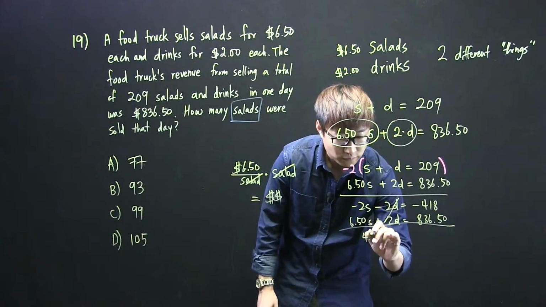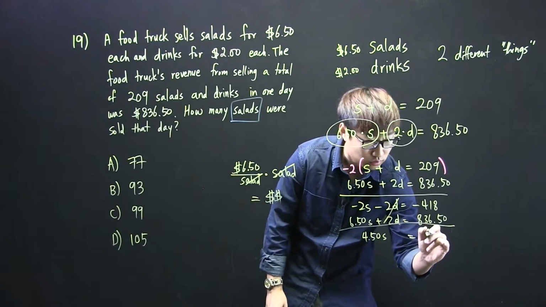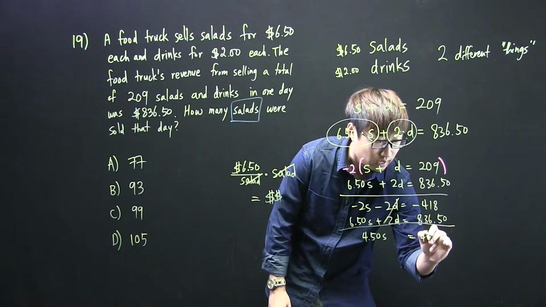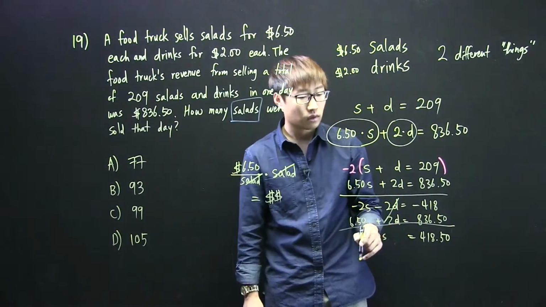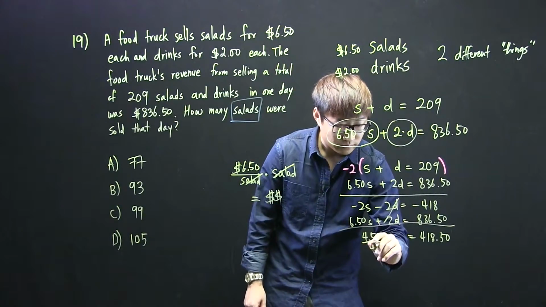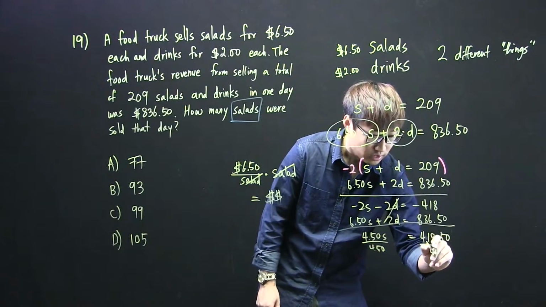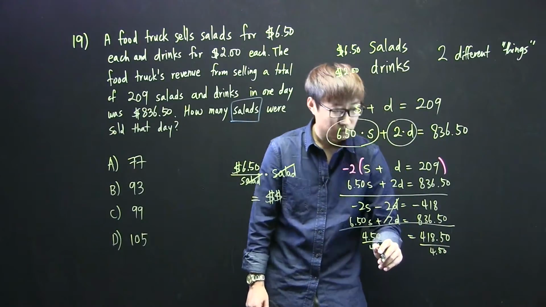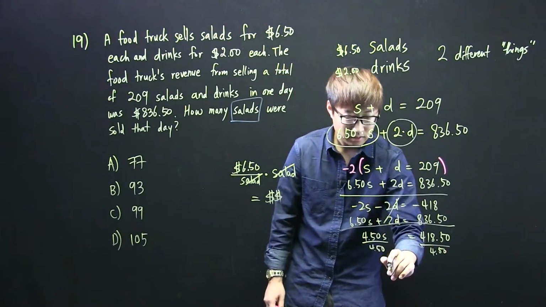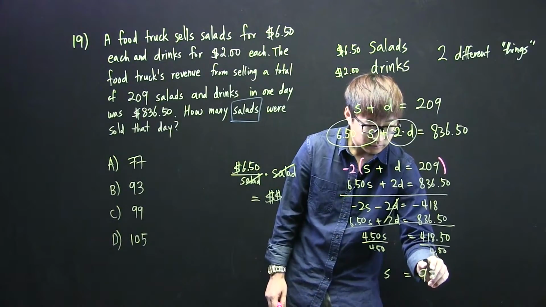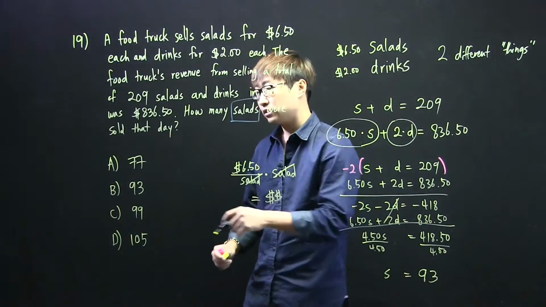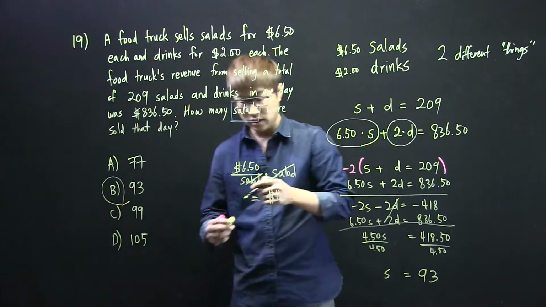I get 4.50S is equal to, what is that? 418.50. And when you divide by 4.50 on both sides, you should get something very close to 90 something. Yeah, it's probably 93. So my answer choice is choice B, 93.